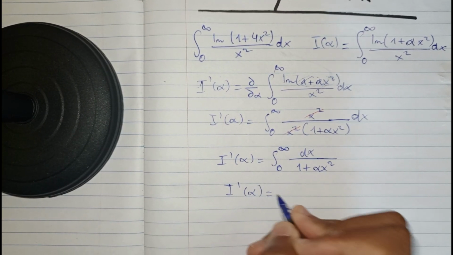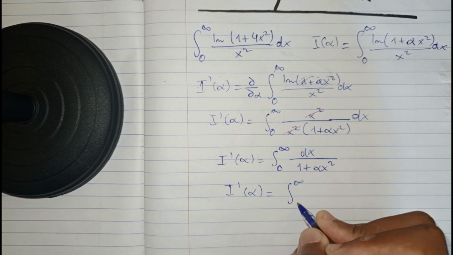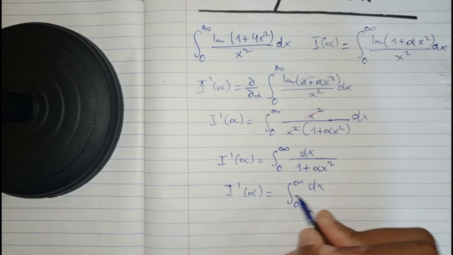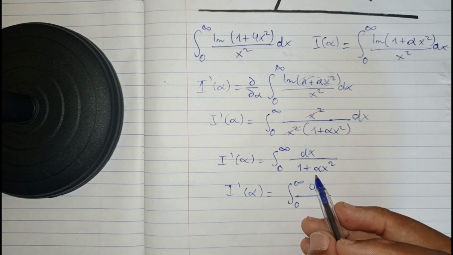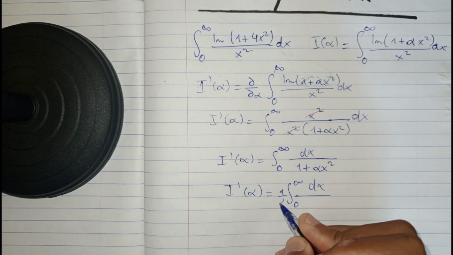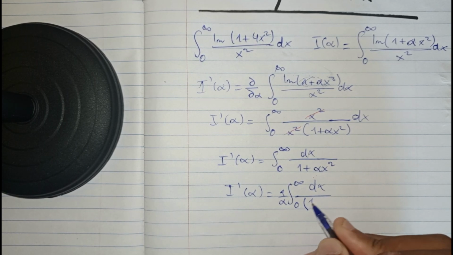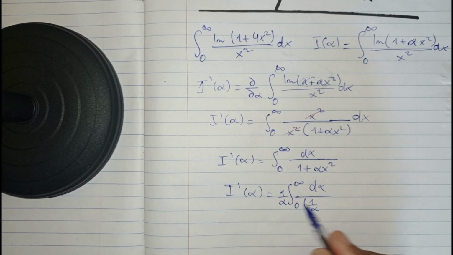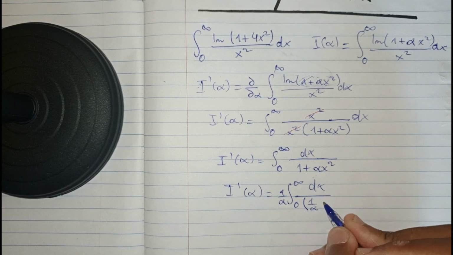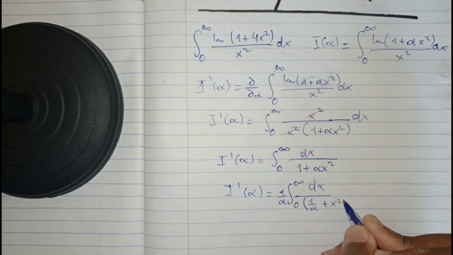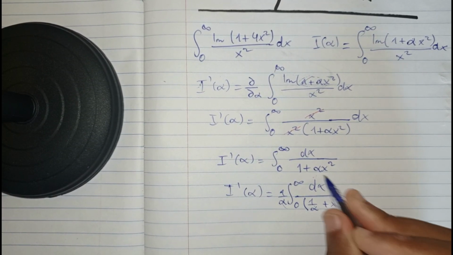Here I'm going to do something really cool. I'll factor out alpha. If I do that, we get 1 over alpha, because multiplying gives 1 here and alpha there.